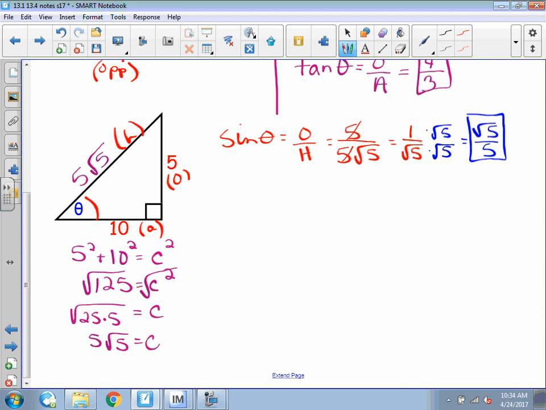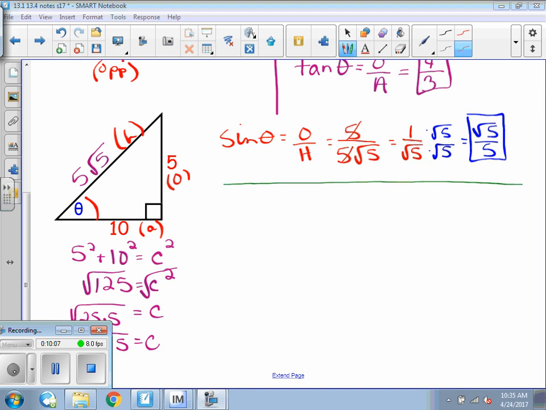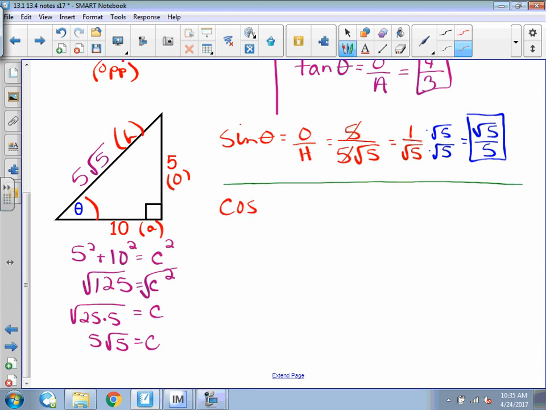So you'll do cosine the same way. Okay, let's see how cosine went. So cosine of theta is adjacent over hypotenuse, which is 10 over 5 square roots of 5. And I can reduce 10 and 5, right? Okay. Any chance you get to simplify it, you want to go ahead and do that. So that'll leave me with what on top? 2, right?